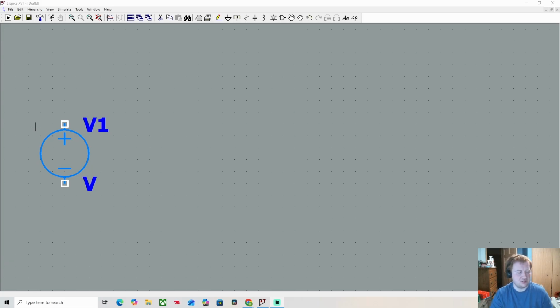You can have a digital voltage source, like from a computer or a tiny microchip. You can have an analog voltage source, like from some kind of pulse width modulation output, where it's just a square wave or a triangle wave.